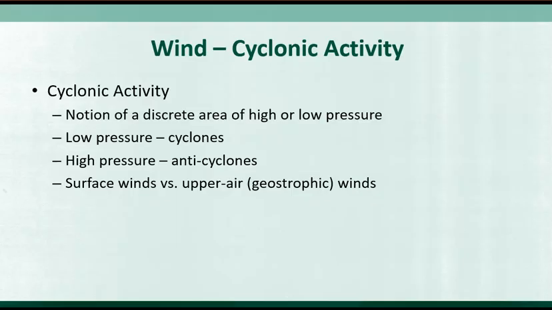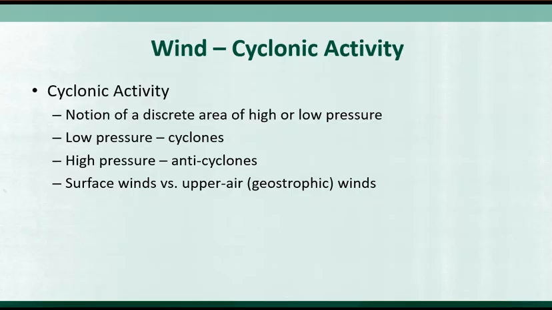Cyclones include major weather events like hurricanes, strong winter storms, and tornadoes, but they can also be broad low pressure areas that might not necessarily have a strong storm associated with them, though they generally do have lifting air, and that lifting air does produce precipitation. High pressure areas are called anticyclones, and the air diverges away from those areas.